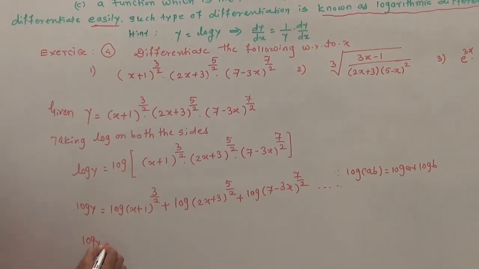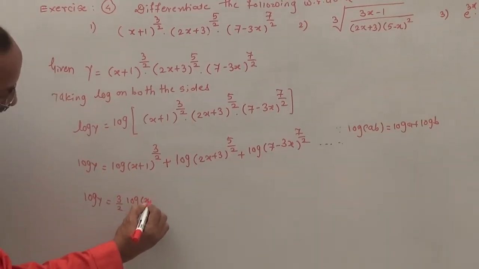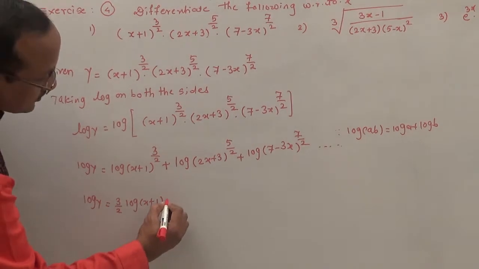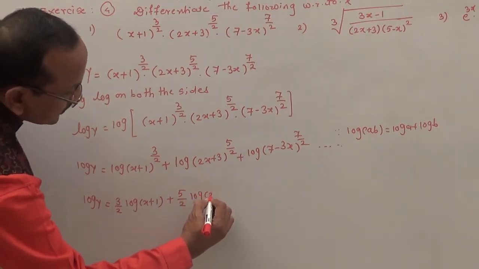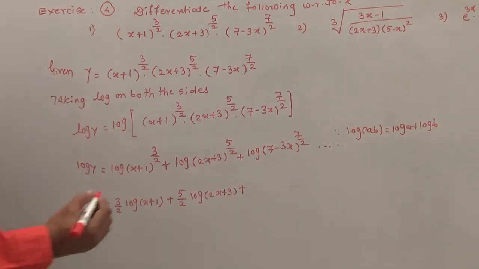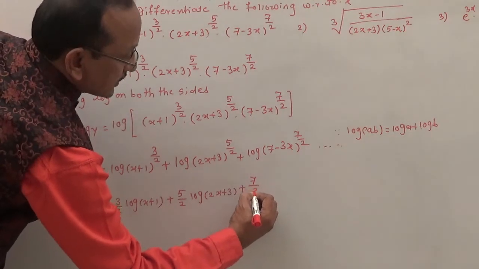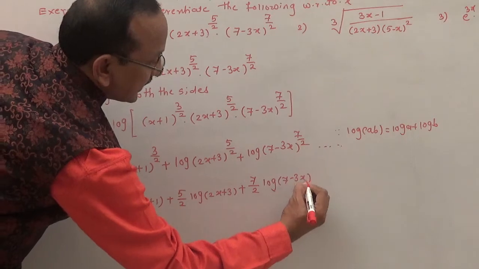Then by using the log a raised to power n formula, again simplify it. So log y is equal to 3 upon 2 times log of (x plus 1) plus 5 by 2 times log of (2x plus 3) plus 7 by 2 log of (7 minus 3x).